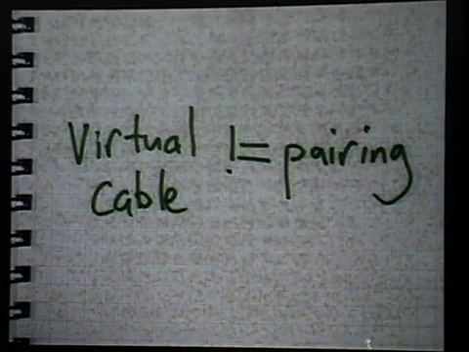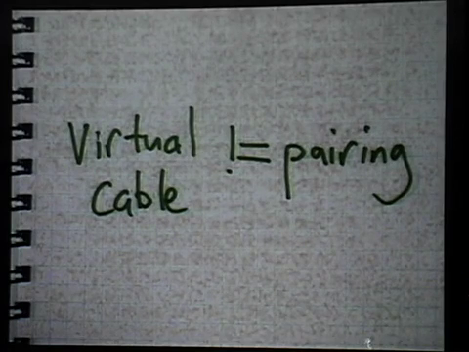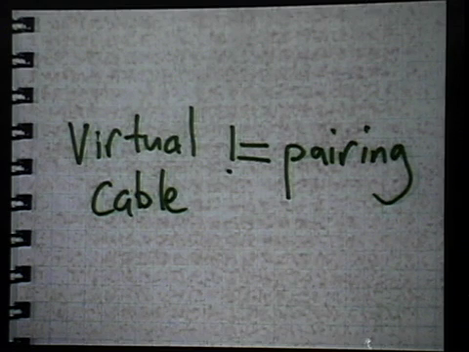But realize that virtual cabling is different than pairing. You might be familiar with pairing from other Bluetooth devices that you've used, where it uses some kind of a PIN. The result of pairing is a link key, which is a shared secret between the two devices that can then be used for authentication and encryption down the road.